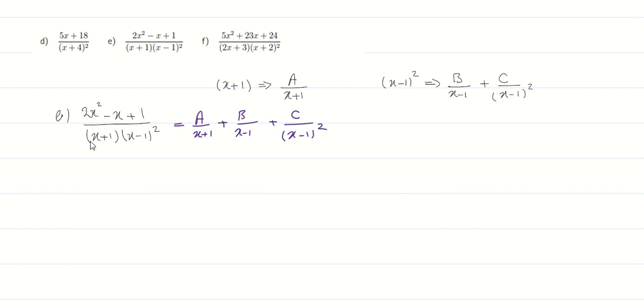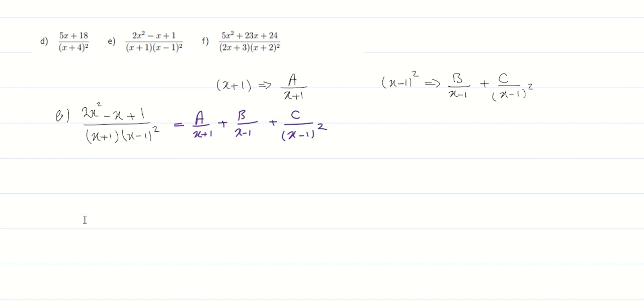In order to find the a, b, and c values, we first have to get rid of the denominators. So we're going to multiply the expression on the left hand side, and each of the fractions on the right hand side, by the common denominator, which is x plus 1 times x minus 1 squared.